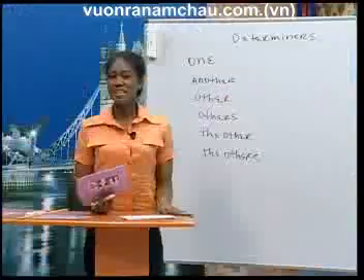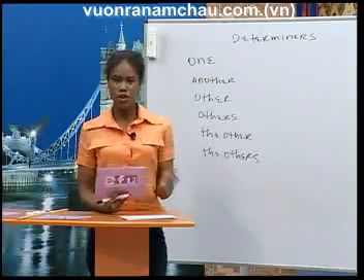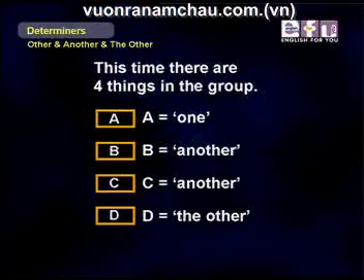All right, let's look at the next explanation, the next chart. This time there are 4 things in the group. So A is the first thing we call 1, B is another, C is yet another. And then the last one, D, we can say the other.